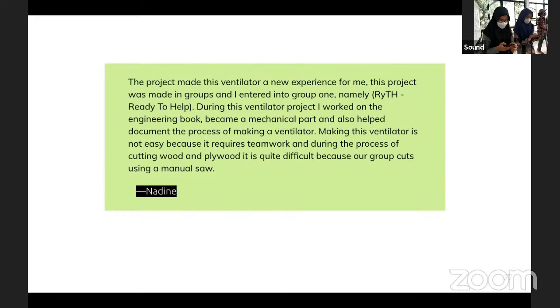I helped make the body part of the ventilator, make the roof of the ventilator, and also showed several parts, and I also documented the group work with Nadine. In this project I studied how breathing works, COVID-19 or virus, made a ventilator, and studied things related to the ventilator, such as tidal volume, respiratory rate, and air pressure. My feeling during this project is happy because I'm learning a lot of new things.